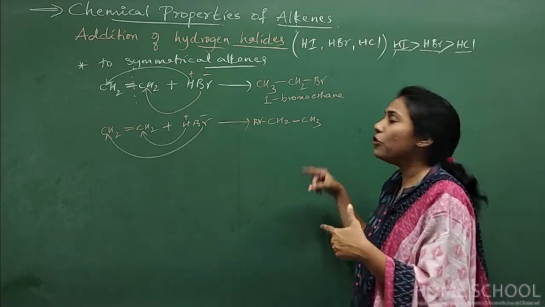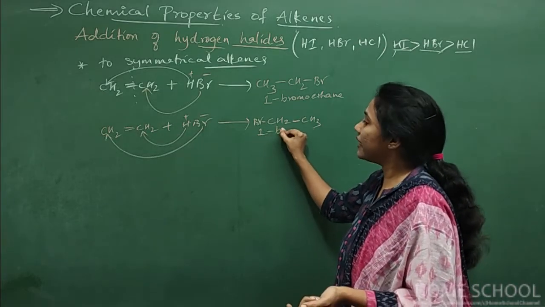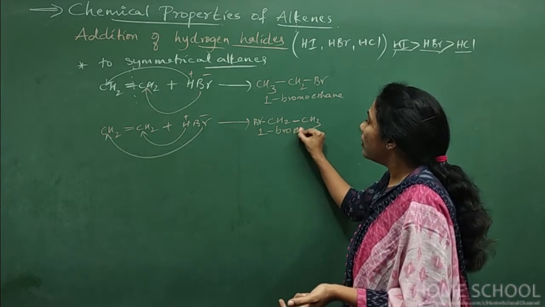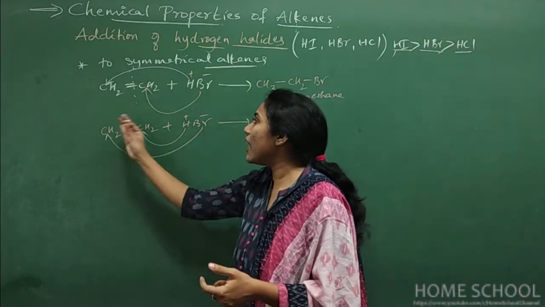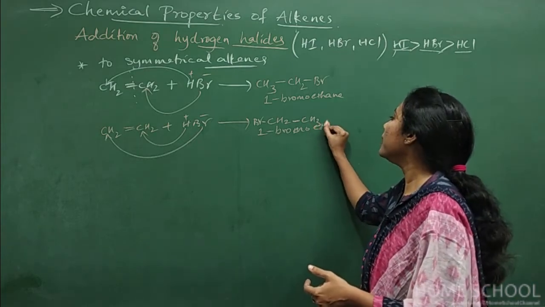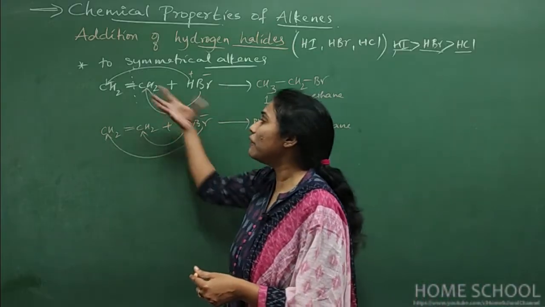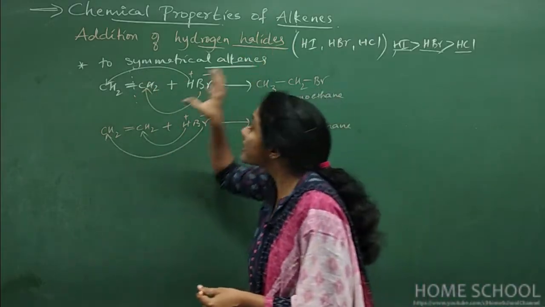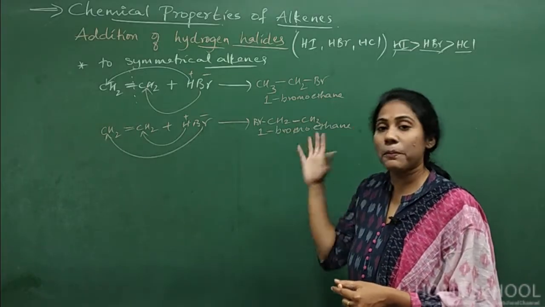If I ask you to name this, you will name it 1-bromoethane, isn't it? So whatever way you add HBr to the alkene, you will always get 1-bromoethane. You can add HBr however you want for a symmetrical alkene. You will get the same product. There is no difference in the product.